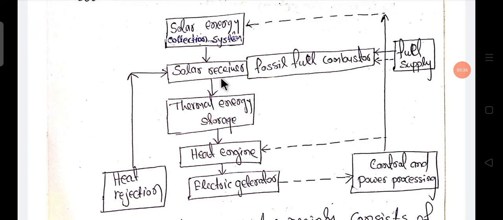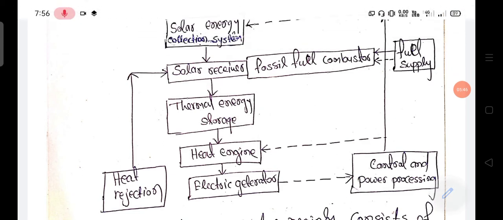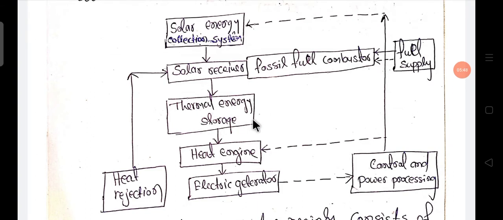Then from the solar receiver, if the sun radiation is adequate for our work, we get solar thermal energy. To store the thermal energy we use a storage system, that is the thermal energy storage system.